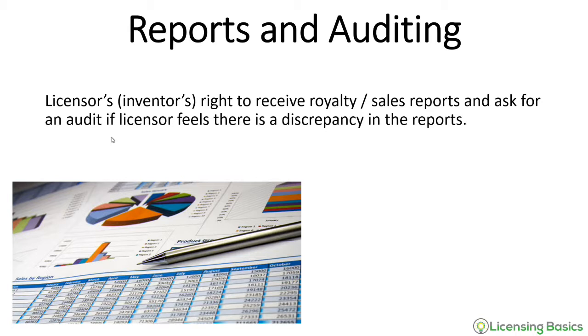And all of a sudden you found out from an outside source that your product is being sold in Europe, and your reports don't show any compensation for any product sold in Europe. That would be a good reason to audit their books, because they are showing you the sales in the US and you have reason to believe that the product is being sold in Europe.